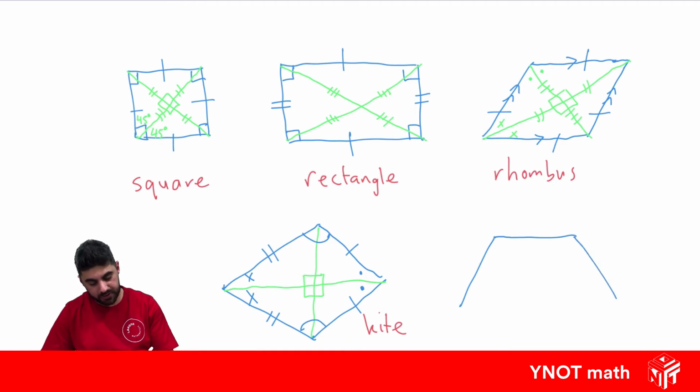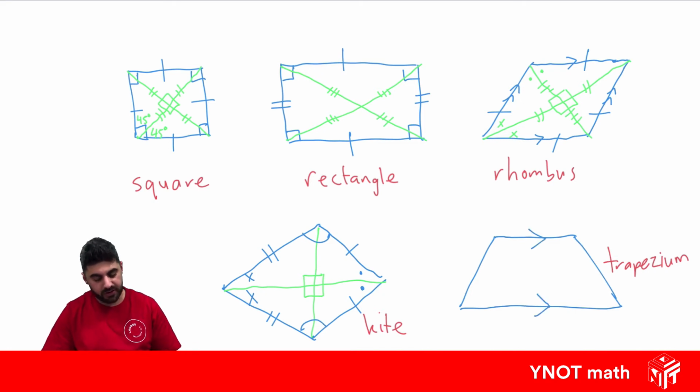All right, back to our trapezium. Trapezium only has one property, where it has one pair of parallel sides opposite each other, only one pair.